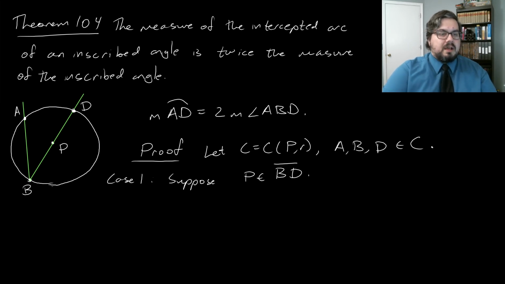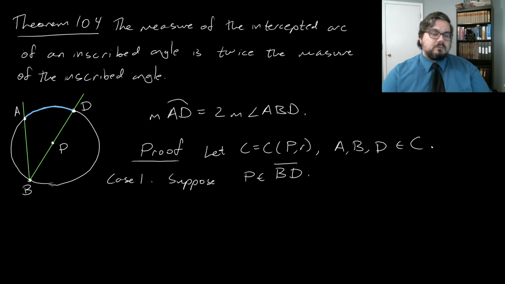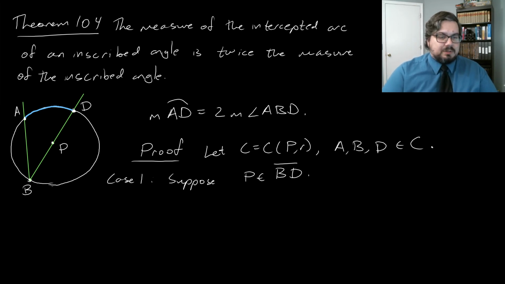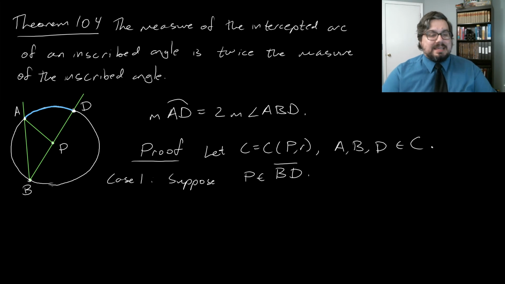All right, so now we're looking at this arc. In order to get at this, of course, we're going to need to get at the measure of the arc AD, which means we're going to need to know about the measure of the angle APD and relate that to whatever else is going on.